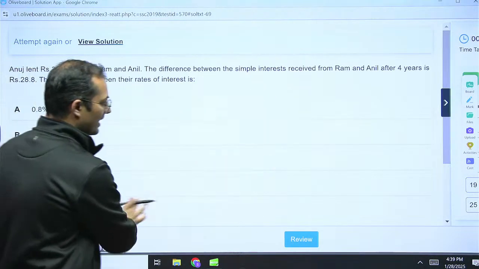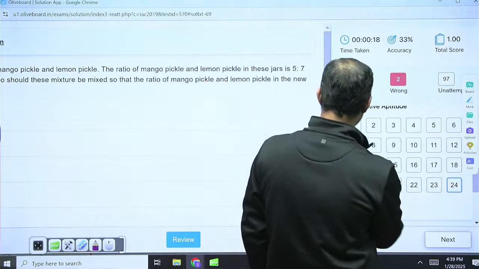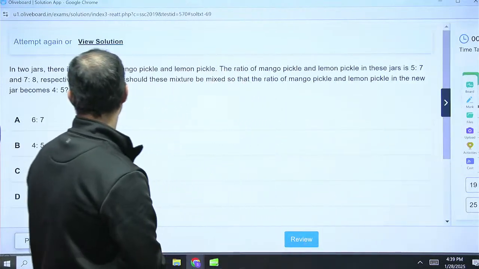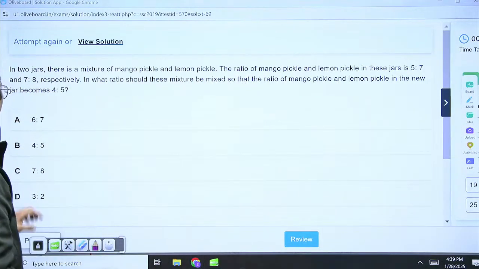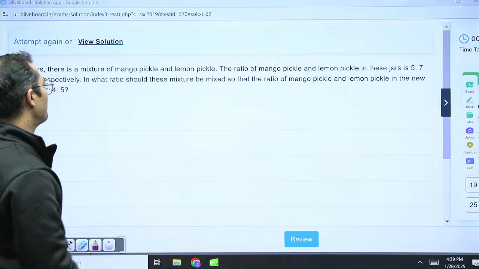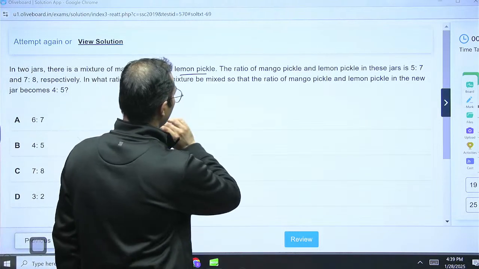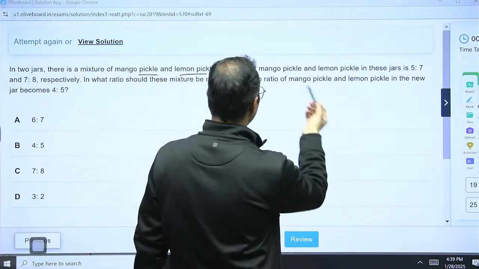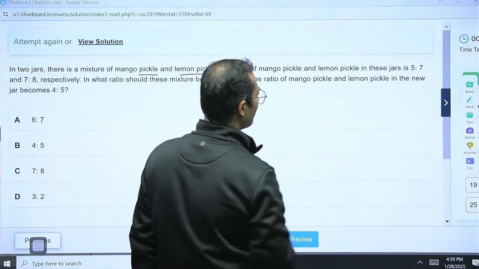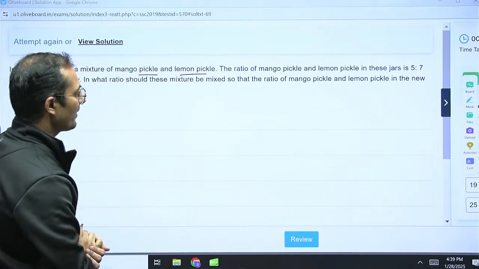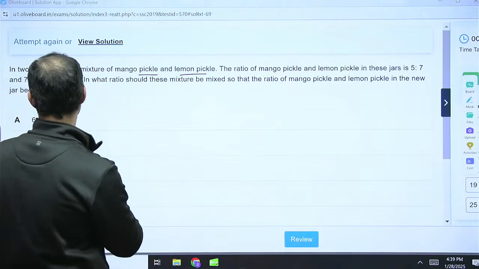Okay, so let's move to the next question. Question number 24. See, in 2 jars there is a mixture of mango pickle and lemon pickle. Okay, mango pickle and lemon pickle. The ratio of mango pickle and lemon pickle in these jars is 5:7 and 7:8.